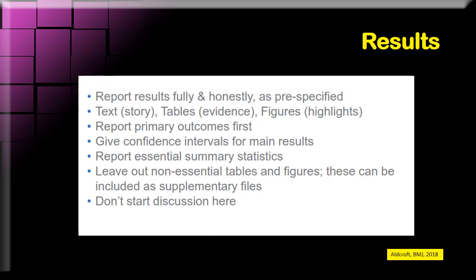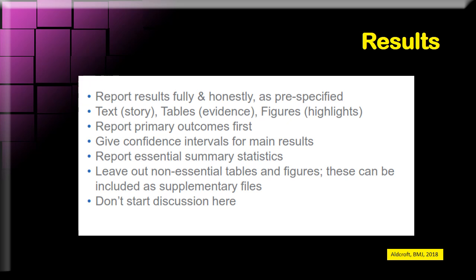Results must be expressed fully and honestly as specified in the materials and methods. Tables usually give you information about evidence, figures give you highlights, and the text in the results section puts in flowing words the important findings of your study.